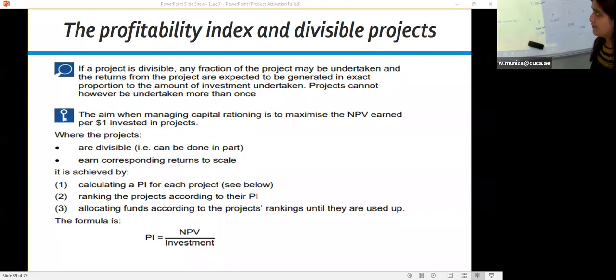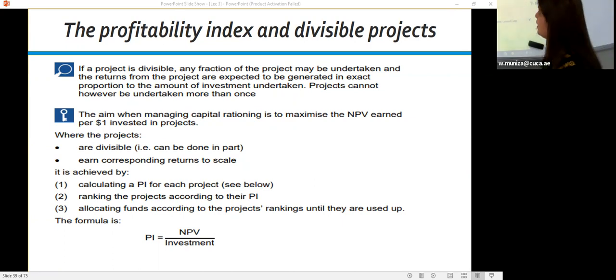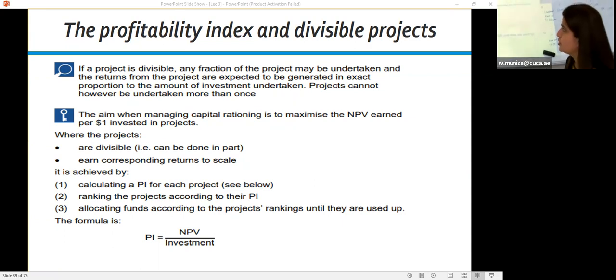Okay, if a project is divisible, any fraction of the project may be undertaken, and the returns from the project are expected to be generated in exact proportion to the amount of investment undertaken. Projects cannot, however, be undertaken more than once. The aim when managing capital rationing is to maximize the NPV earned per $1 invested in the projects.